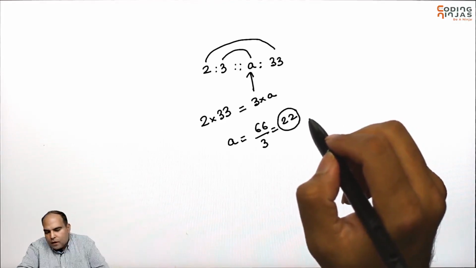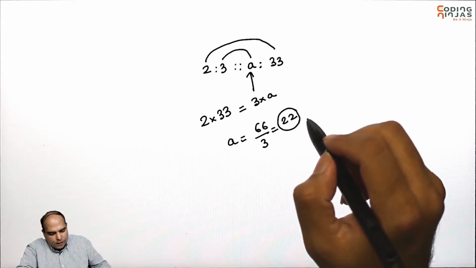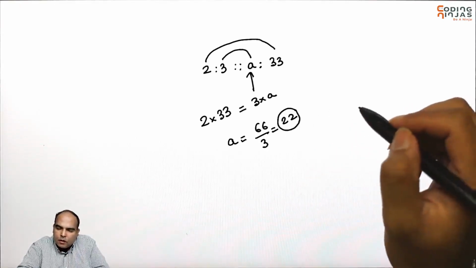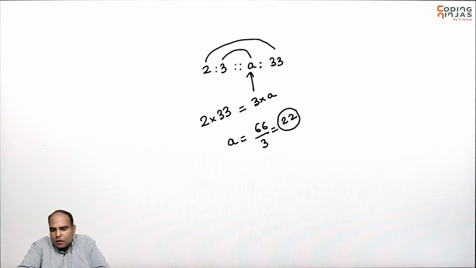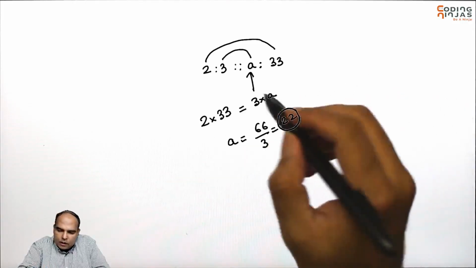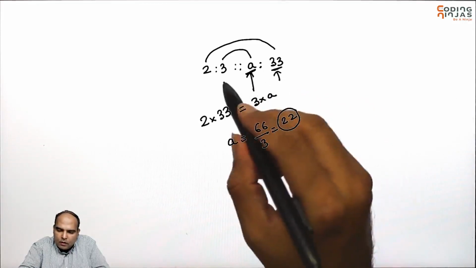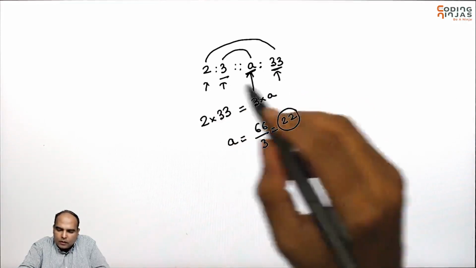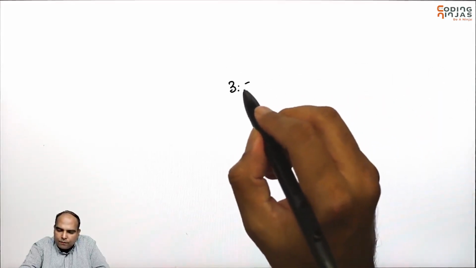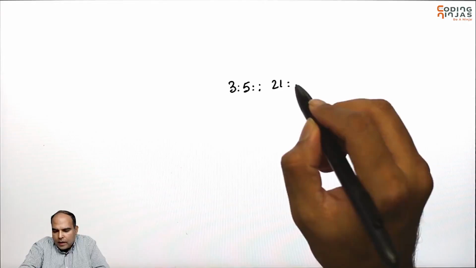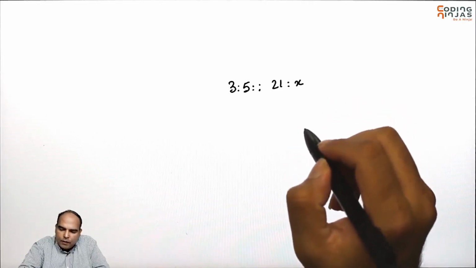So these kind of things you might face in certain situations, but principally, of course, proportion is just a support aspect of ratios, right? So instead of giving you an A as the unknown, I could have kept the unknown on this side or that side. So if the question changes to 3 is to 5 :: 21 is to x, find the value of x.